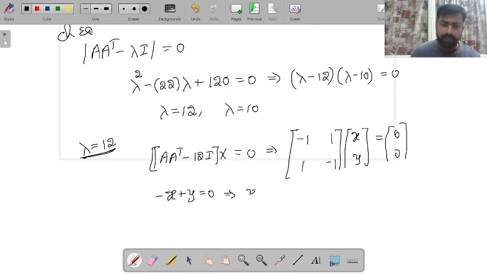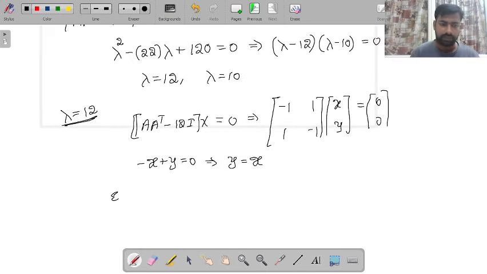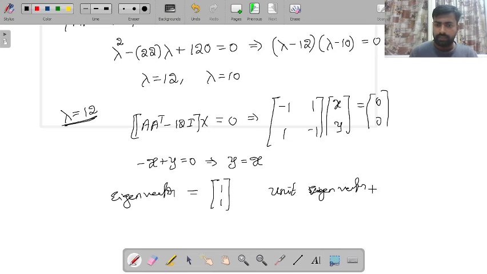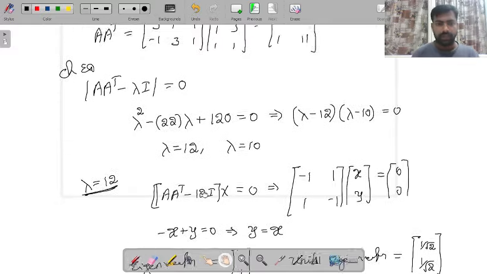From this, y must be equal to x. Therefore, when x is 1, y must be 1. So this is the eigenvector. But what I need is the unit eigenvector. The length of this is root 2, so the unit eigenvector is 1 by root 2, 1 by root 2. So for lambda equal to 12, we are done with it.